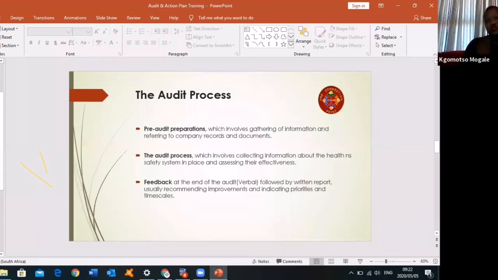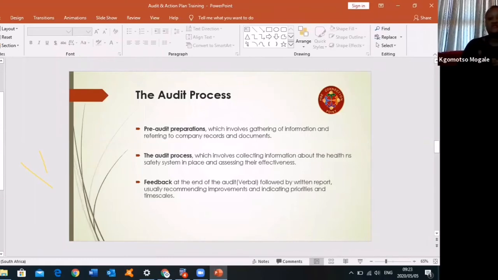They might also check the serial numbers they've taken down for all the equipment on site, step ladders, or everything that they have observed and noted down. They will verify if those things are also in place in the health and safety management system.